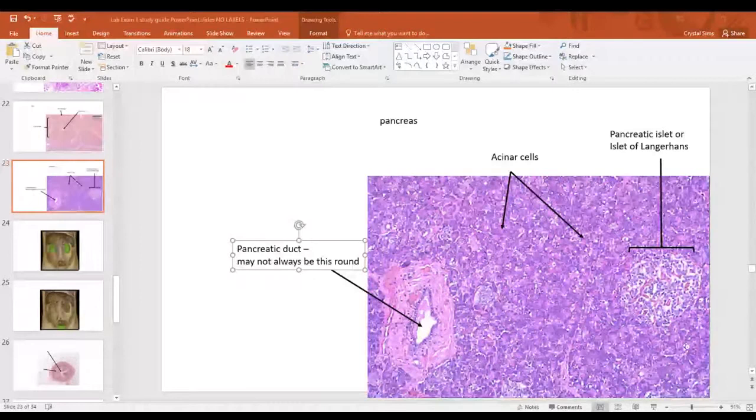The pancreatic islet is the one all the way to the right. But I'm going to try again. I don't know why it keeps doing this. Like you said, it knows that we're trying to go over something important.